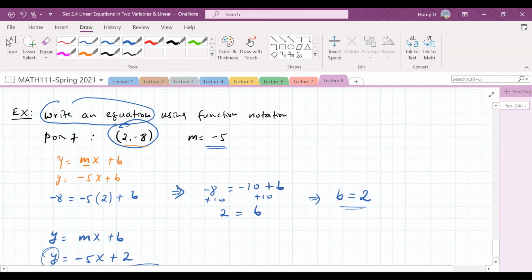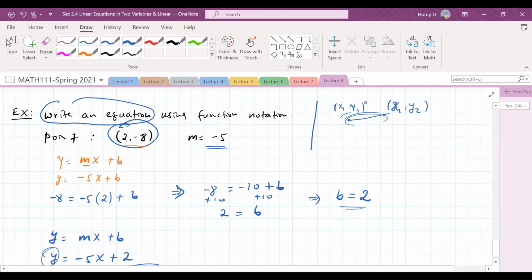Okay, so given any point and a slope, we can find the equation. Again, another possibility is given 2 points. If I give you, for example, 2 points, x1, y1, and x2, y2, and we know the line passes through these points, then without any other information, we can find the equation of this line.